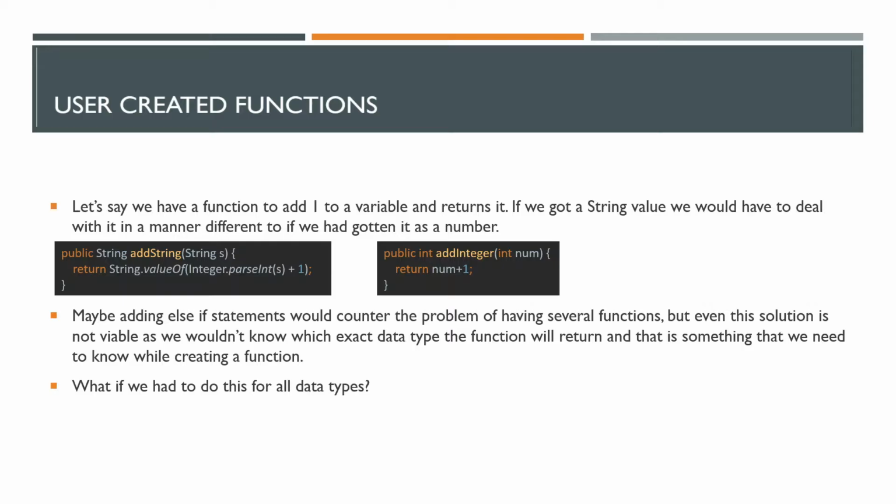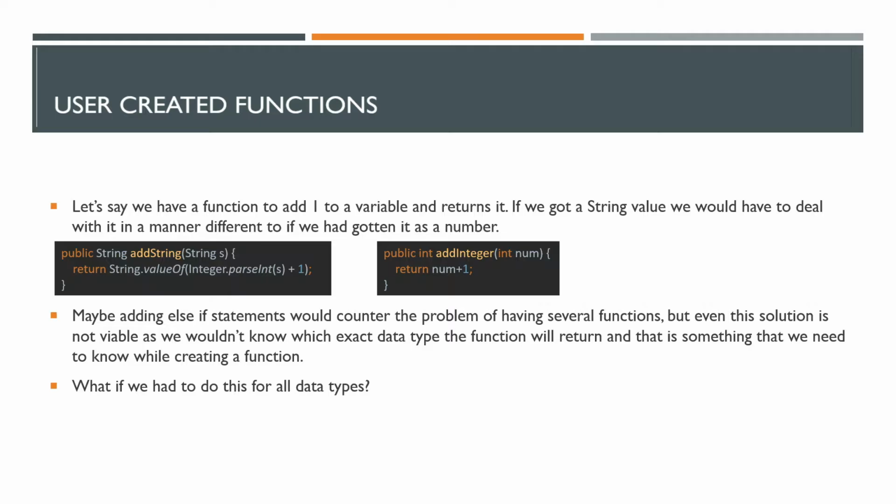But now the problem is that our functions can only return one value, and we have to specify the data type of the value that we're returning back. In the function add string to the left, we know that we're going to be returning a string. In the int function to the right, which is add integer, we are returning an int value.